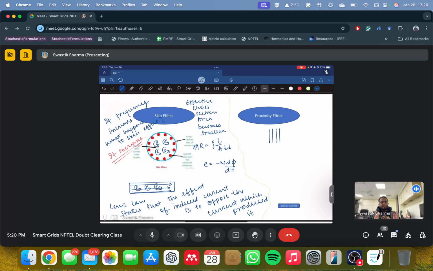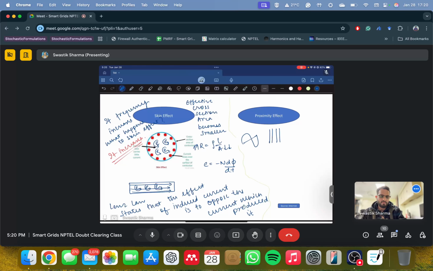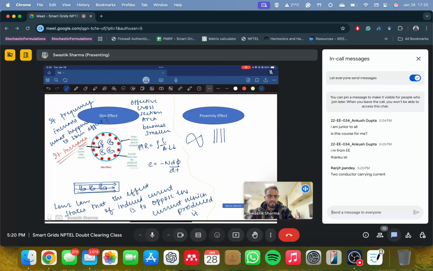Now, let's say you have AC current flowing in both of them, and AC is pulsating in nature, right? It increases, then decreases. Two conductors carrying current close together, what happens?